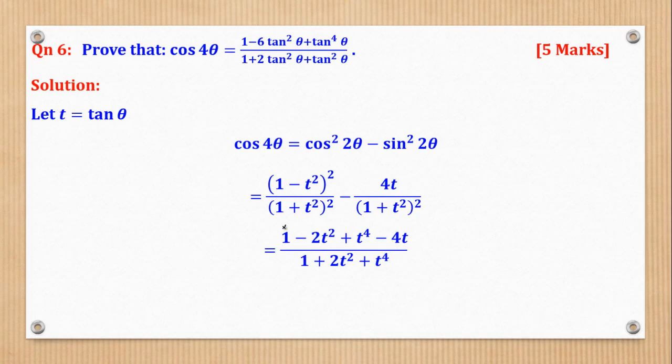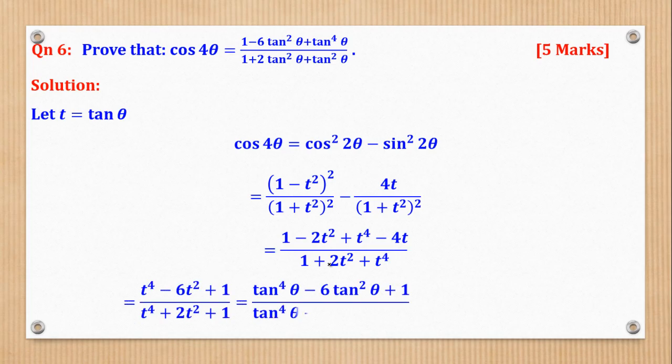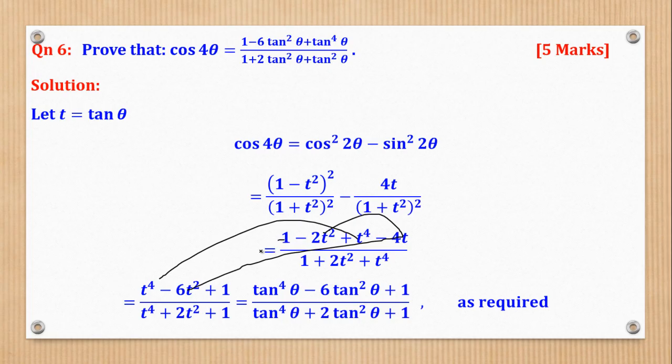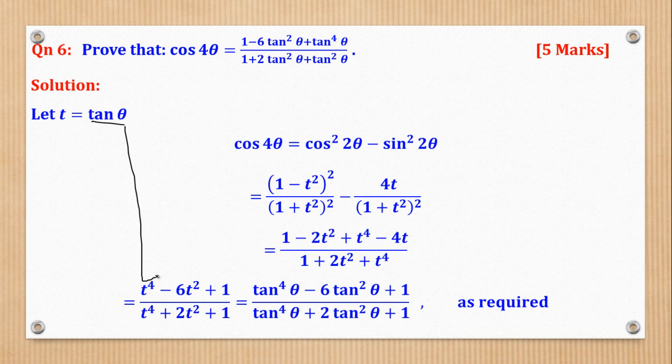Then here I'll get the LCM, combine into one LCM. And then we rearrange. So when you rearrange, we shall come up with what they want. So this is here, this with this is here, this is here. Then this is here, this is here, this is here. So t is the same as tan theta, so where there is t, you put there tan theta, which is the required expression.